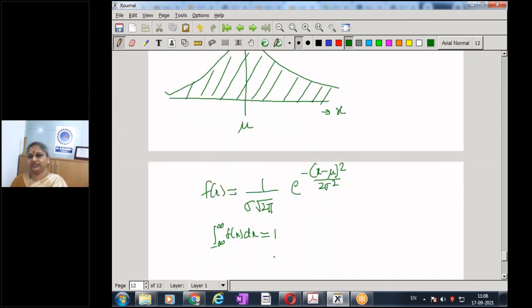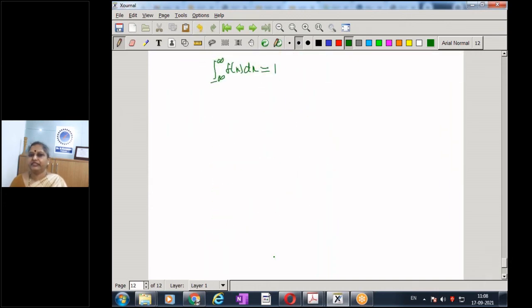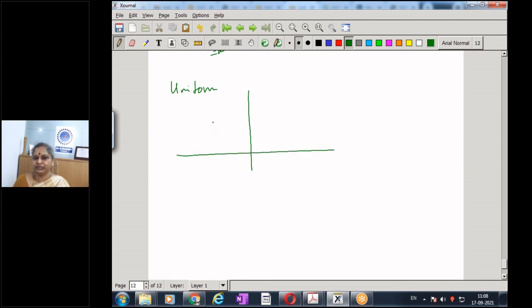Similarly, if I speak of another distribution, the uniform distribution, let us say it goes from minus 2 to plus 2, and this is x, and this is f of x.